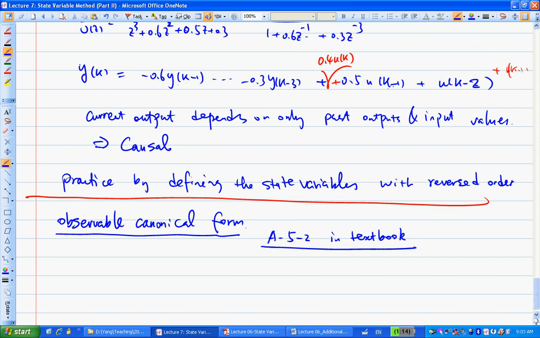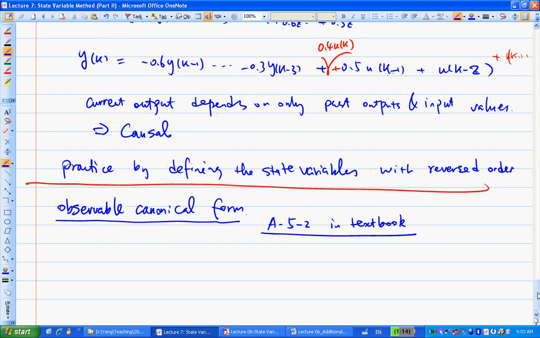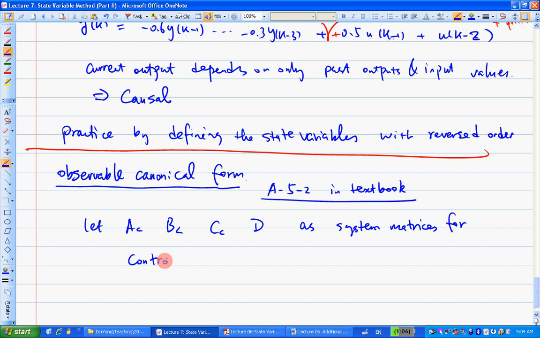So in short, let AC, BC, CC, and D be the system matrices for this control canonical form.